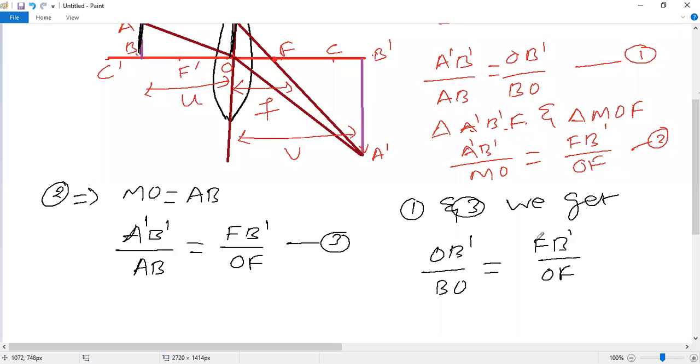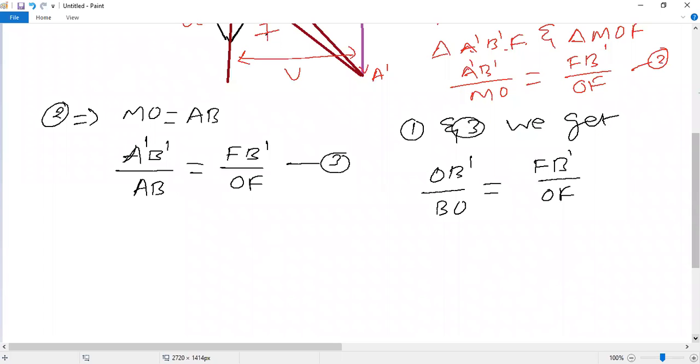Now I want to find the value of FB dash. I know the value from the optical center to B dash, that is v, and from the optical center to F, that is small f, but I need to find FB dash, so maximum value minus minimum value.